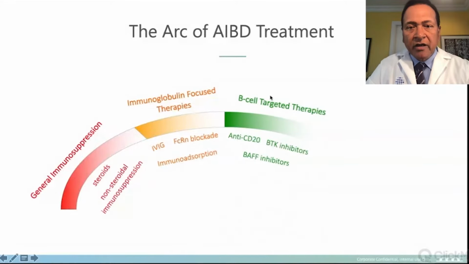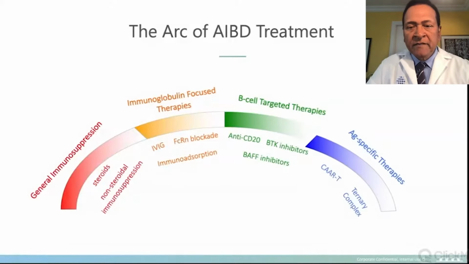You've all, I'm sure, heard of more recently rituximab and B-cell targeted therapy. So rituximab, of course, targets the anti-CD20 marker on B cells. And there is now also some promise for BTK or BAFF inhibitors, both molecules involved in B cell function.